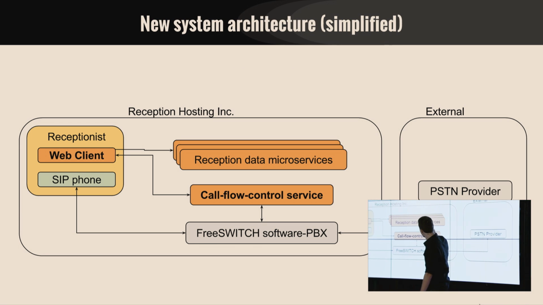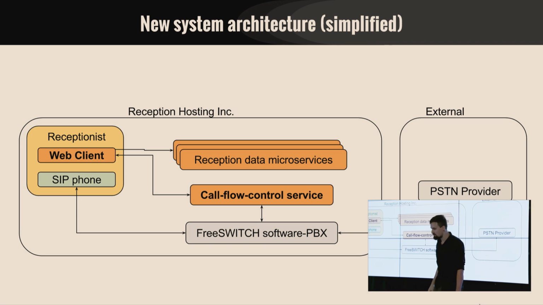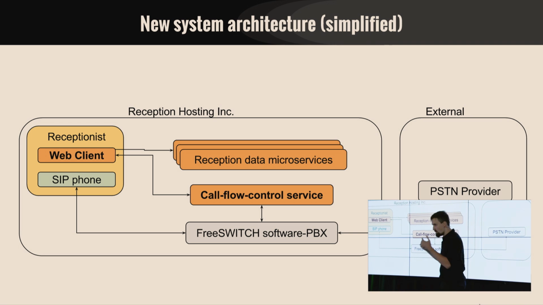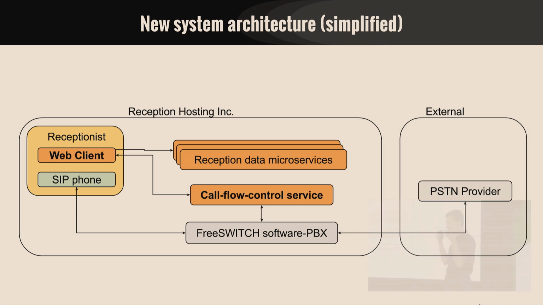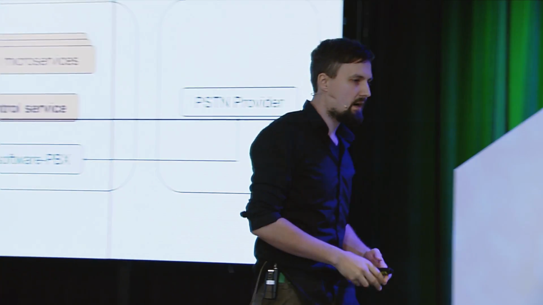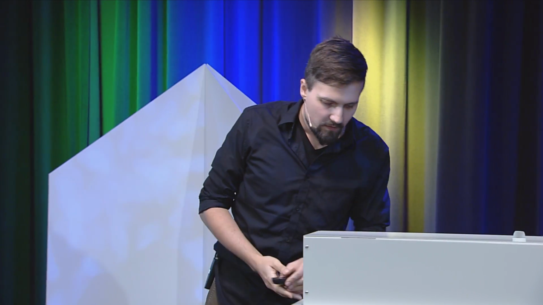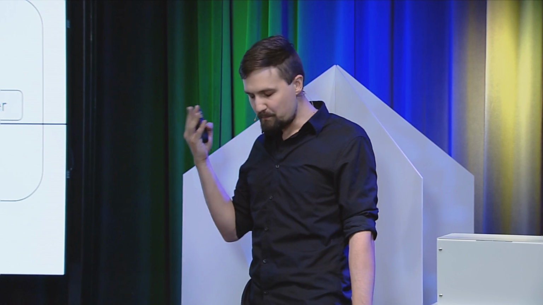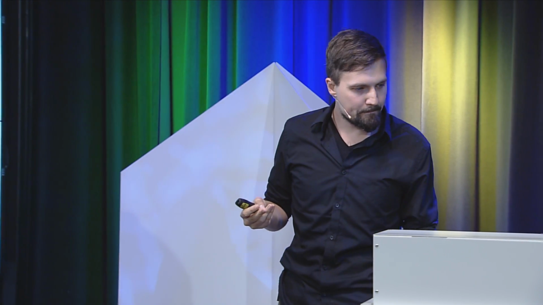Is that orange? It's orange here. I'm horribly colorblind, so you may need to scratch your eyes out for the rest of the diagrams. The components here, which are sort of orangey, are the ones that we've written in Dart. This is a high-level view of the components of the system.